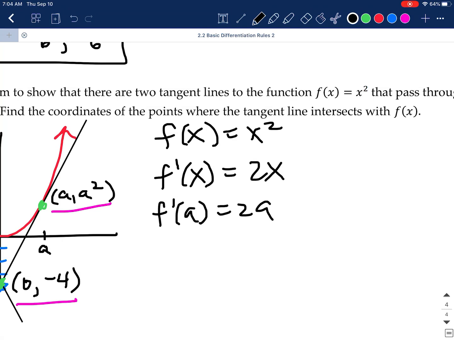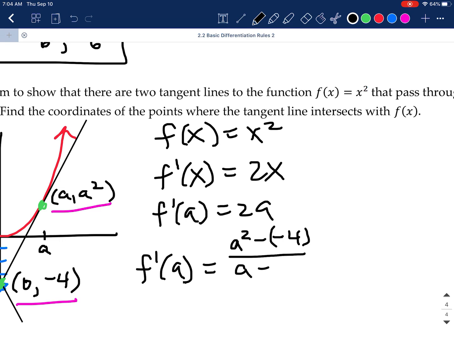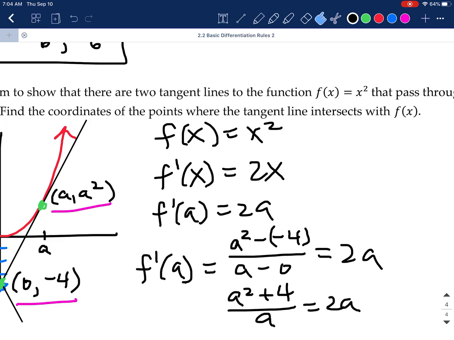So we also know that f prime of a is going to equal y2 minus y1 all over x2 minus x1. And again, that's going to equal 2a. So it looks like we have a squared plus 4 over a equals 2a.